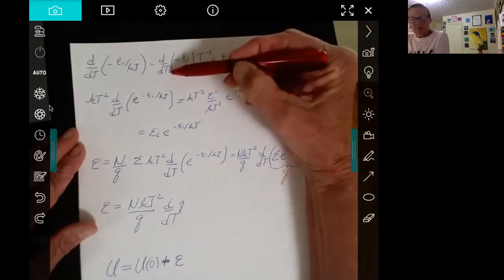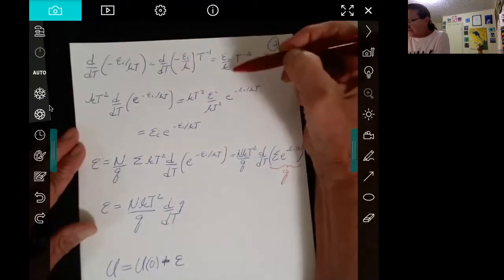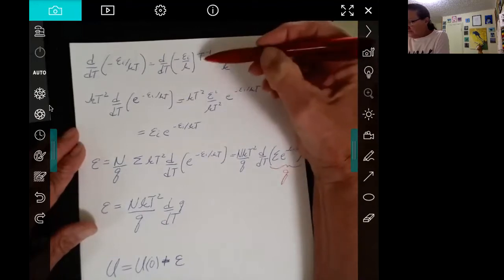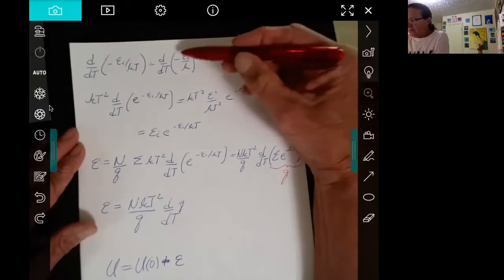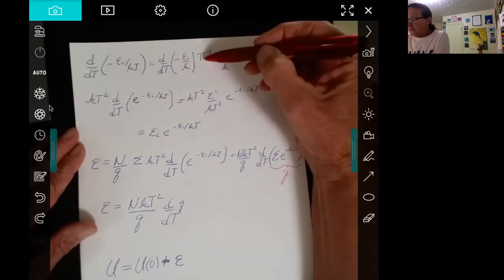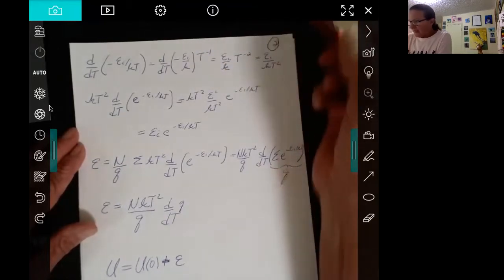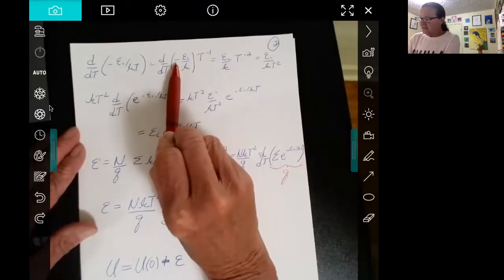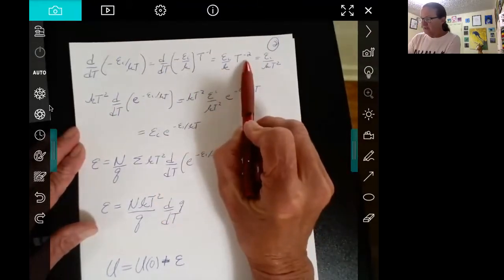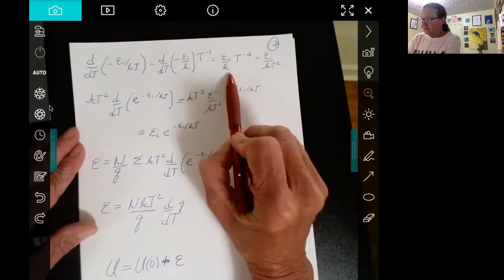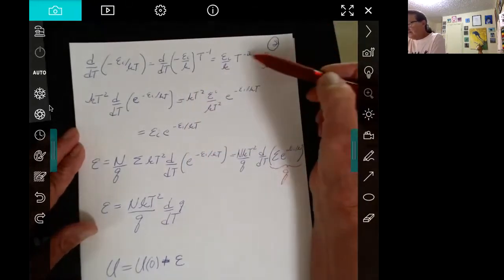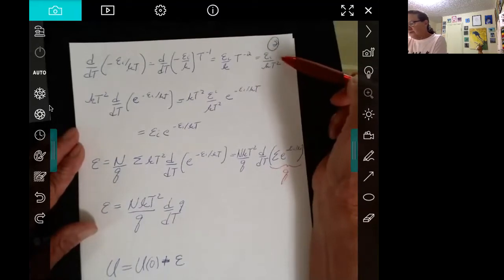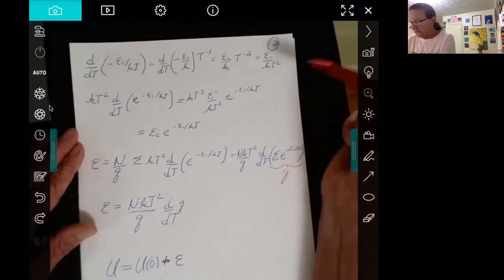So that's the constant times the derivative of T to the minus 1, which would be minus 1 pulled out front times T to the minus 2. That minus 1 out front cancels the minus sign, and you get epsilon i over k, T to the minus 2. If you take that T to the minus 2 into the denominator, you get the energy of the state divided by kT squared.